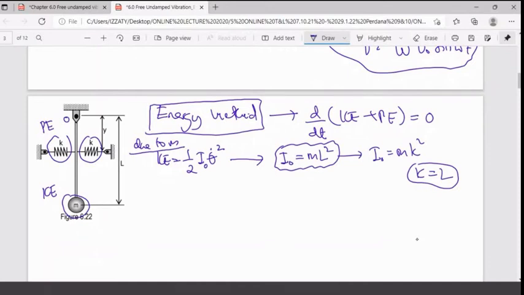The other one is due to the spring, or we call it due to elastic. So you have PE equal to this one. You have two, because you have two springs, so you will have half K. And you know that PE is basically half K x squared, correct?